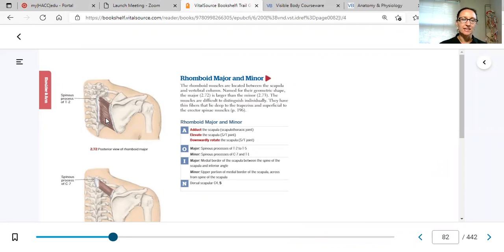Rhomboid minor sits just superior to rhomboid major. They don't have different fiber directions, and when I learned these, we learned them just as the rhomboids. Even in palpation, you can't feel a difference between the two.